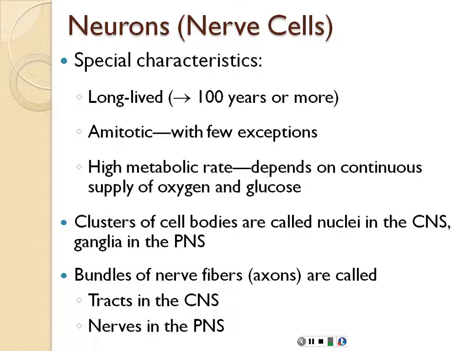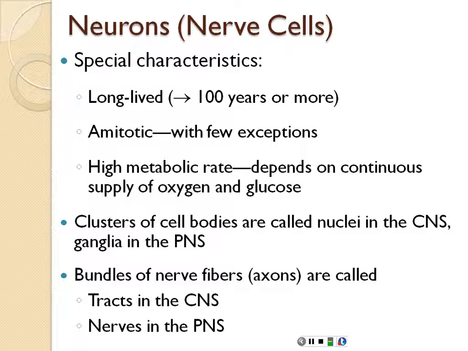All right, clusters of cell bodies. I mentioned that last time. A bundle of cell bodies is called a ganglia. We learned that the other day, but that's in the PNS. If you have a cluster of cell bodies in the CNS, it's called a nucleus. We'll talk more about those in the next couple of chapters.